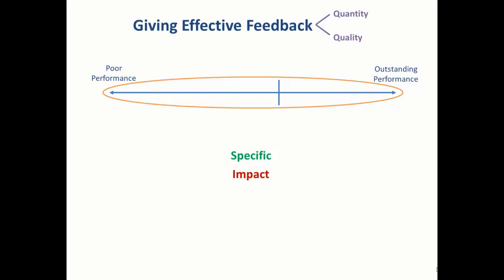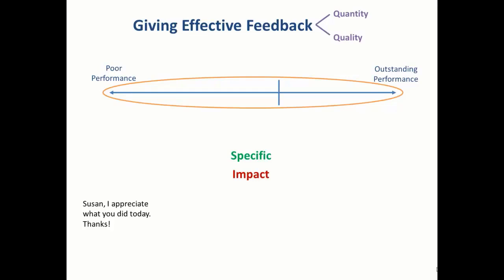So let me give you a couple of examples. First, I'm going to give you an example that is neither specific nor describes the impact. I have it here on the screen so you can see it as well. The feedback is, "Susan, I appreciate what you did today. Thanks." That's a nice sentiment, but that's not feedback because Susan doesn't know specifically what she did and she doesn't know why it mattered.